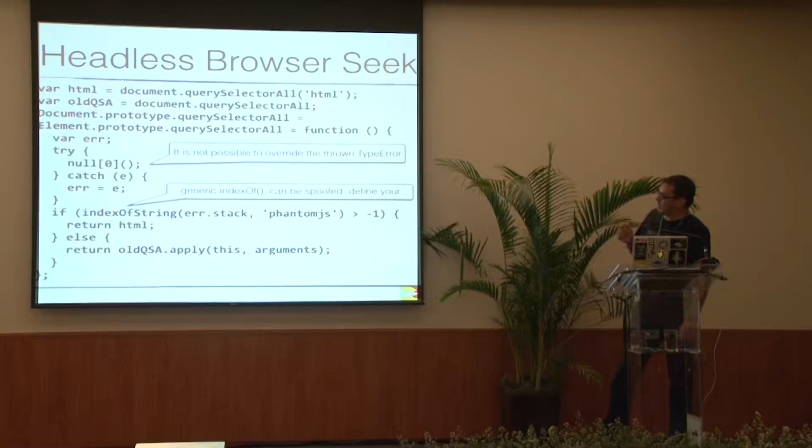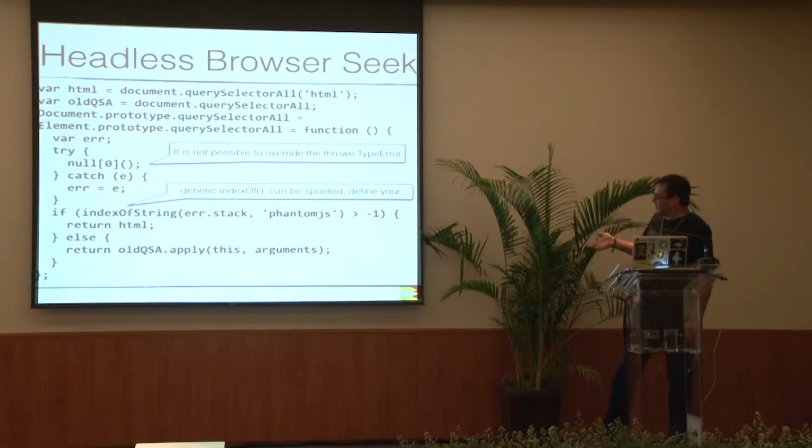Basically, wrap the original querySelectorAll, which we call on the last line, with the detection that we discussed earlier, throwing an exception and searching for the Phantom.js string. Actually return something stupid if you detected Phantom.js, and do not return anything stupid if you didn't.